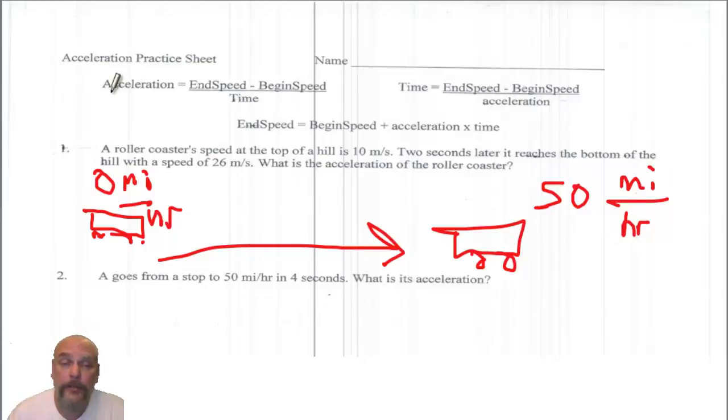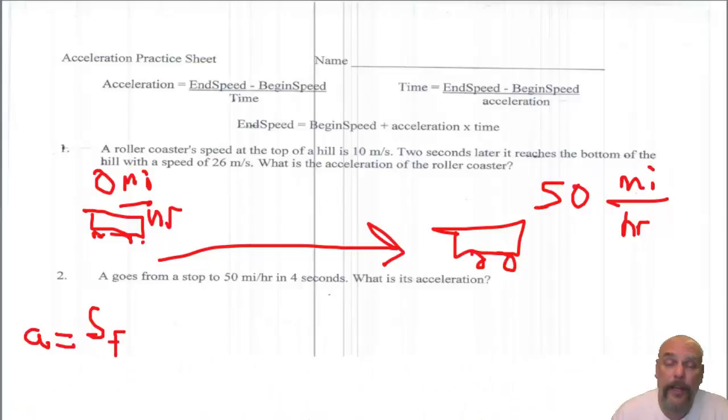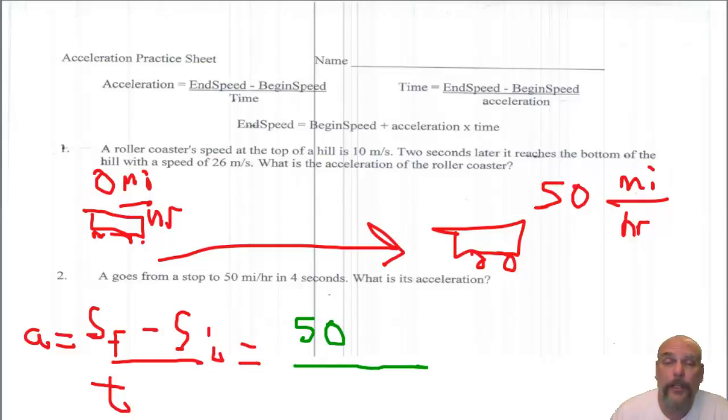So again, let's use this formula. Acceleration is equal to S sub F, the final speed, minus the initial speed. We're going to divide all that by the amount of time. So let's go ahead and plug and chug. I'm going to use a different color. The final speed is 50. The initial speed, it was at a stop, so it's 0.